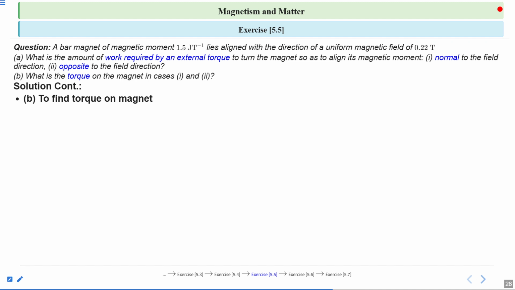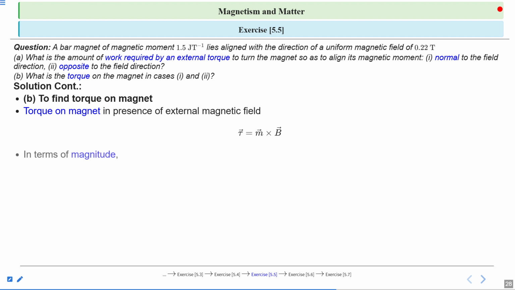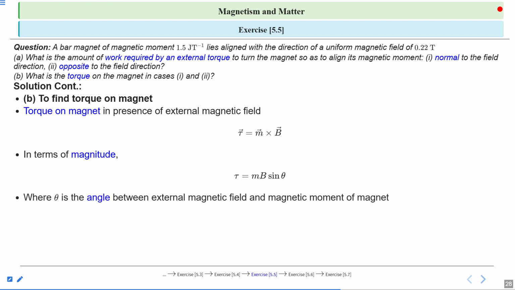So to find the torque on the magnet, the torque on a magnet in the presence of an external magnetic field is given by tau is equal to m cross B. In terms of magnitude we can say tau is equal to mB sin theta, where theta is the angle between the external magnetic field and the magnetic moment of the magnet.